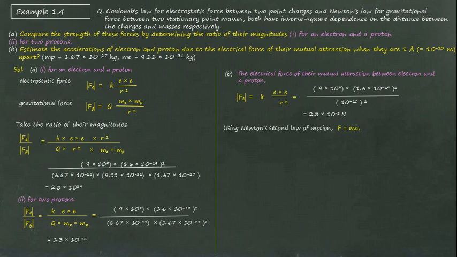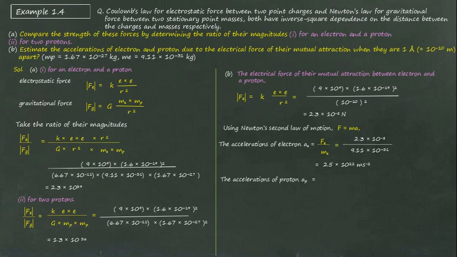Using Newton's second law of motion, F is equal to ma, we can find out acceleration of electron and proton. The acceleration of electron a is equal to F by me is equal to 2.3 into 10 raised to minus 8 divided by 9.11 into 10 raised to minus 31 is equal to 2.5 into 10 raised to 22 meter per second square.